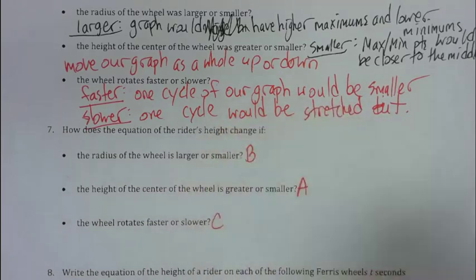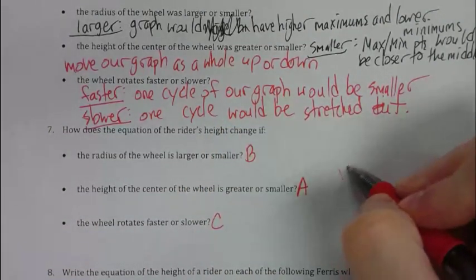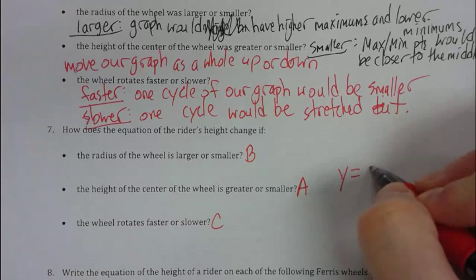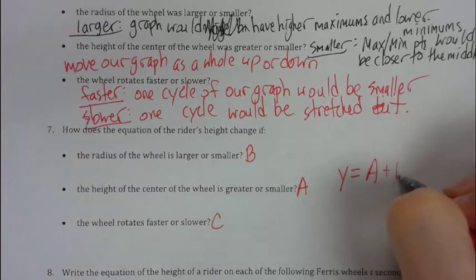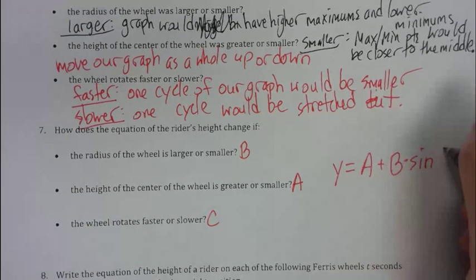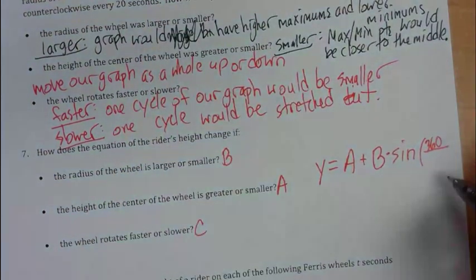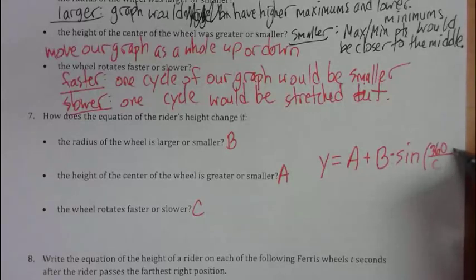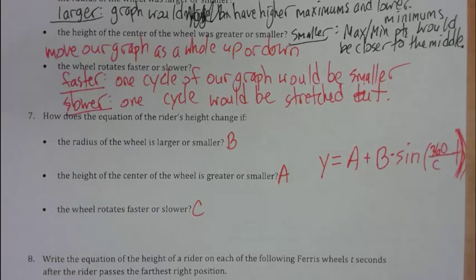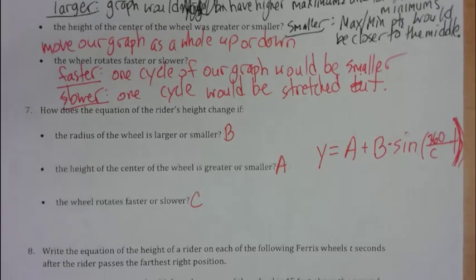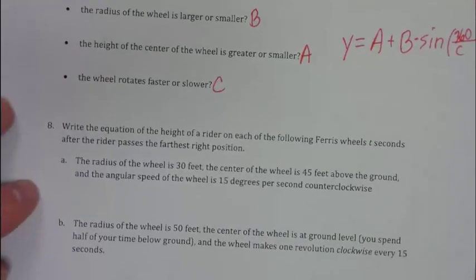So that's like C. So our equation is basically going to be A plus B times the sine of our 360-degree circle divided by what C is, and then times our input of time, or whatever letter you wanted to use instead of T.